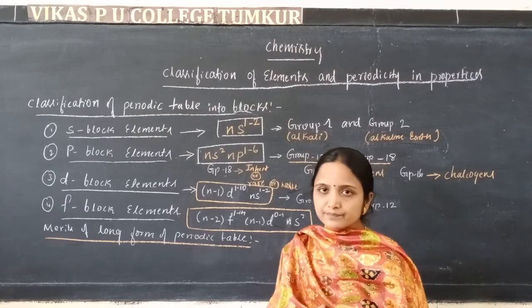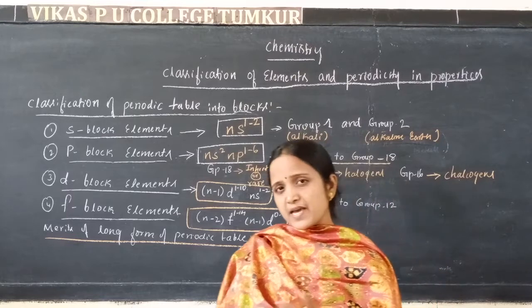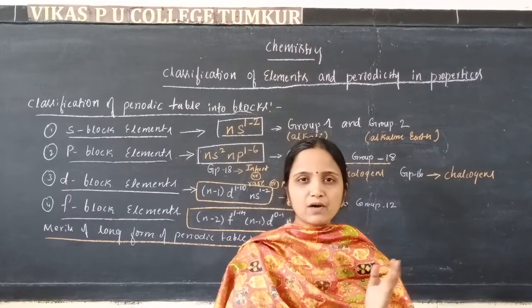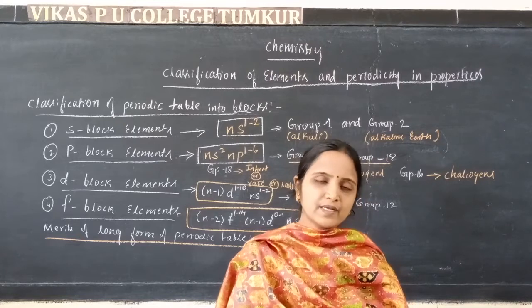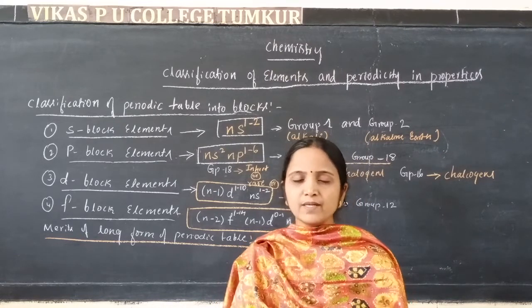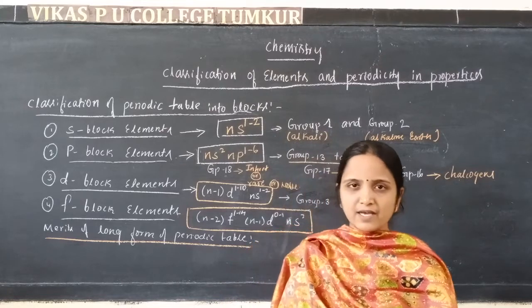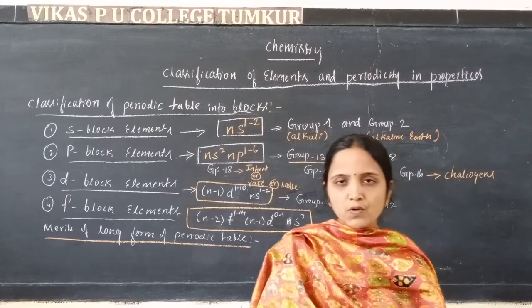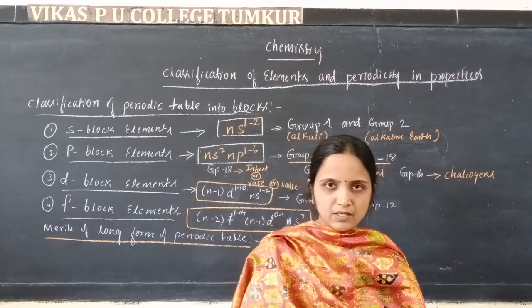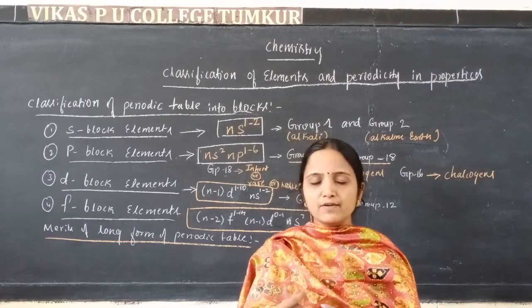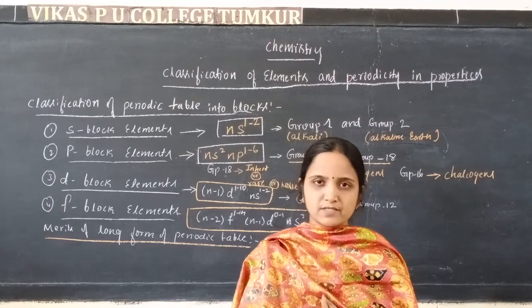Another merit is that the elements are arranged in the periodic table according to increasing atomic number and electronic configuration. So it is easy to know the period and the group. The group indicates the number of valence electrons.